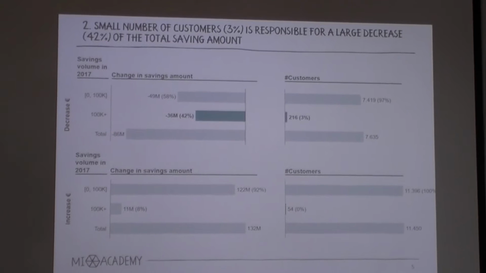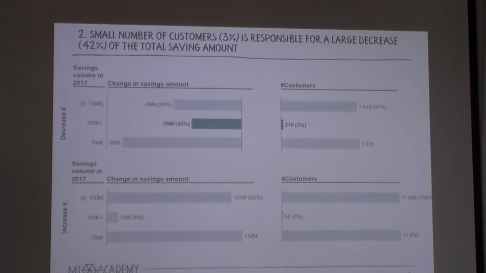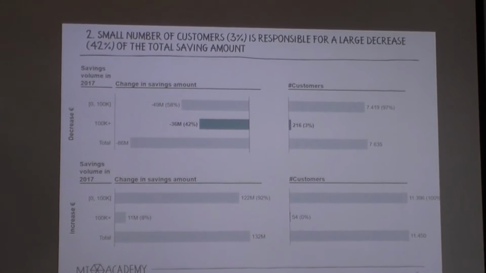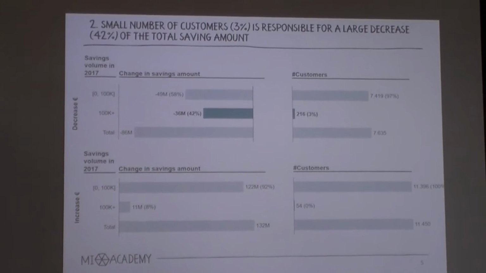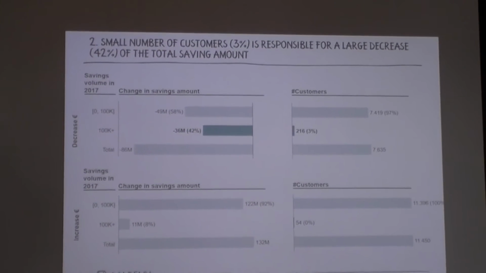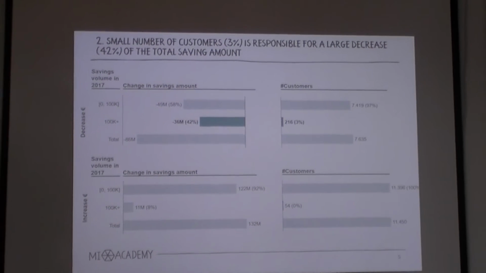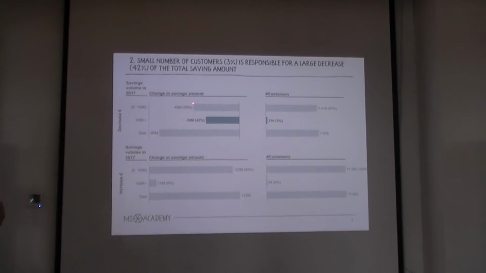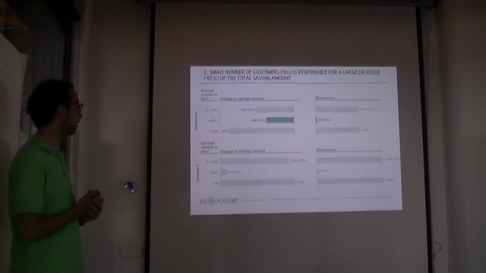What is surprising here is when we divide the customers into two buckets: customers that have less than 100,000 euro savings, and customers that have more than 100,000 euro savings. We see that in the decrease category, among people that have more than 100,000 euros, there are only 216 people, but they cause a 36 million decrease in savings.